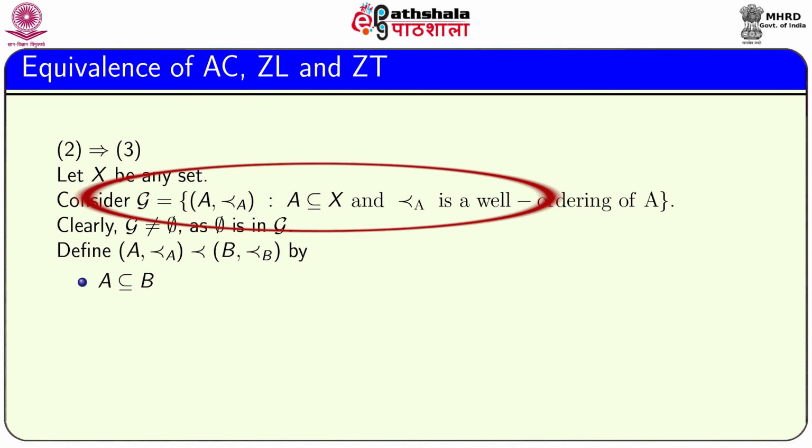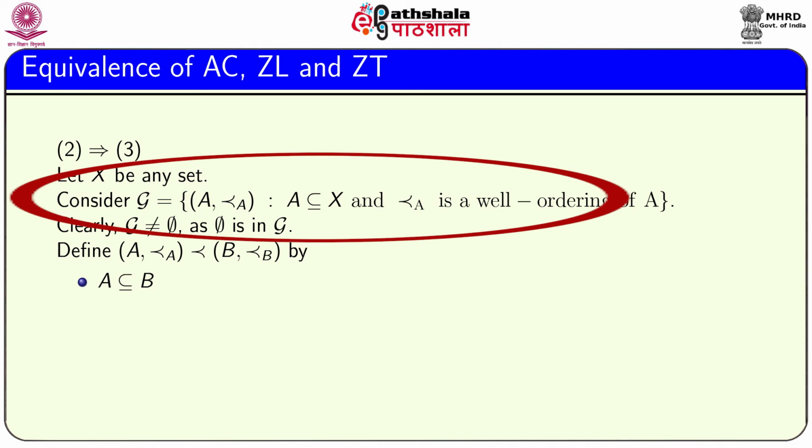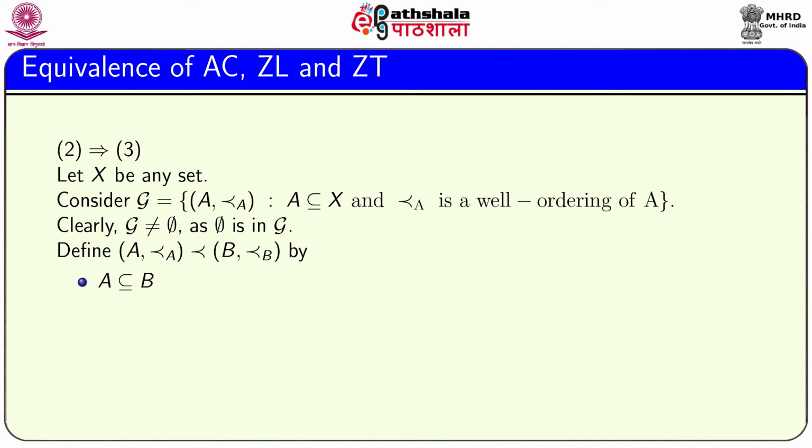So, consider script G as the collection of all sets A together with the ordering precedes A, which is a well ordering on capital A. Then clearly, the empty set being a member of G, G is non-empty.